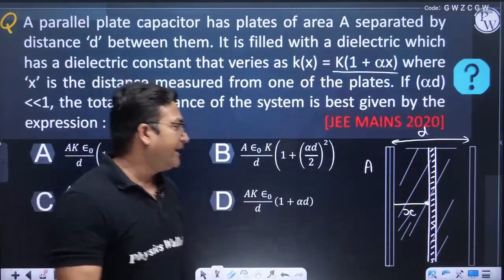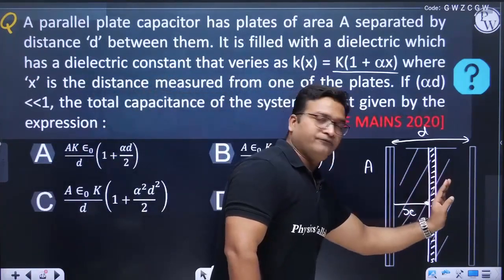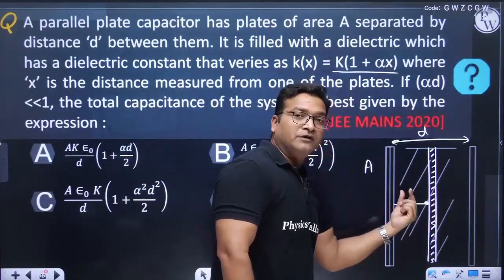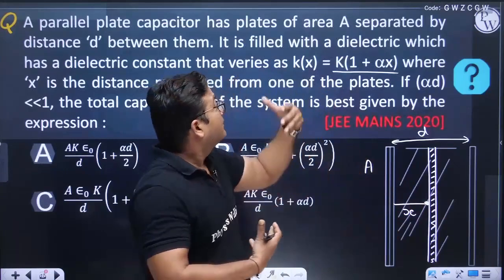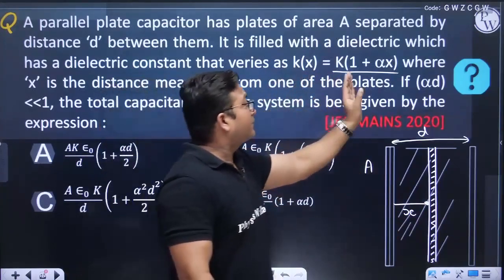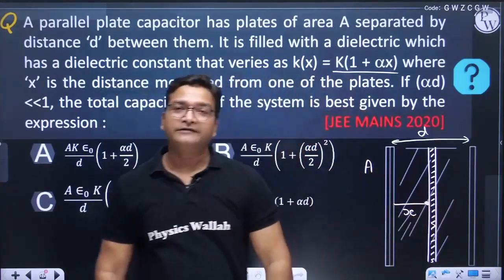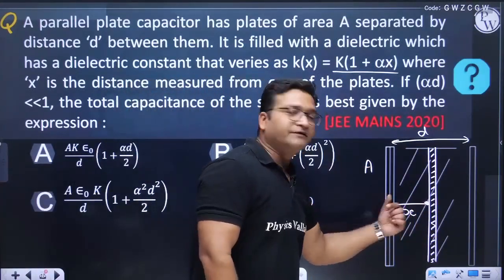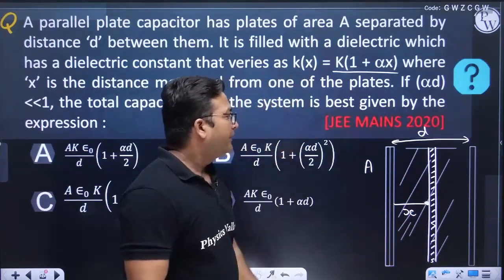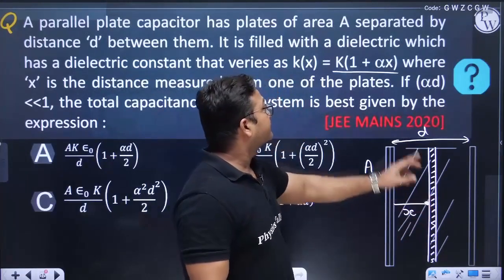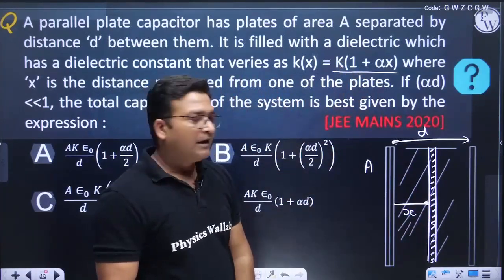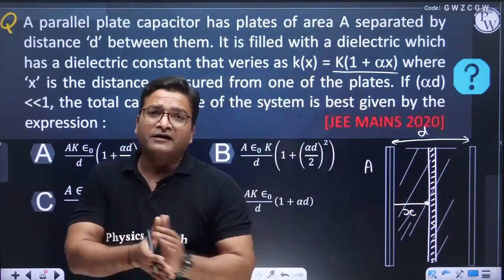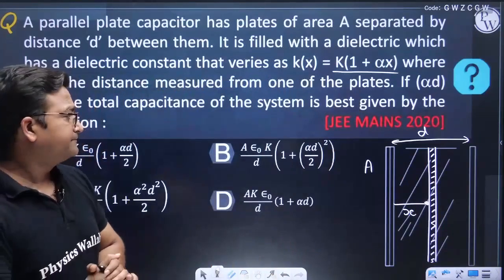And every book ahead of the first book will have a greater dielectric constant, as the dielectric constant increases as x increases. And one such element is this at a distance x from one plate, and its dielectric constant is given by this. And since all these elements are placed side by side, they all can be considered in series.